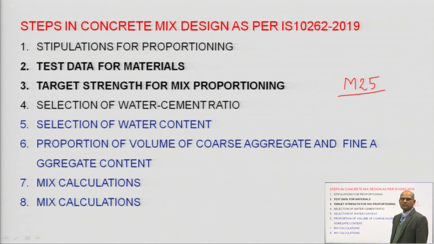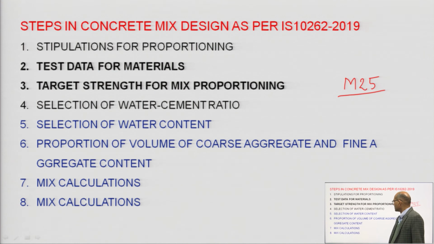Then we have selection of water cement ratio. Water cement ratio is a very important parameter in design, because the water content is responsible for your workability. Okay. And the amount of cement is also required for the strength. So, water cement ratio determines the strength parameter.